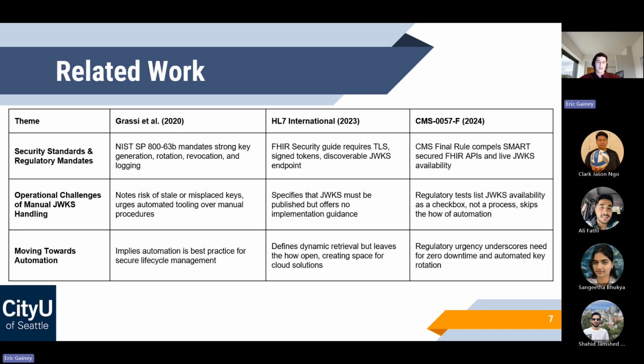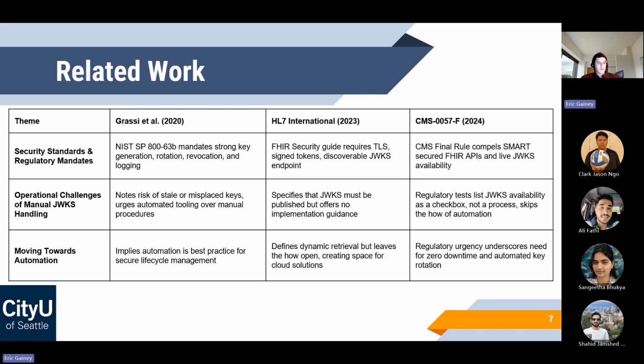So I just related my key references: HL7 International, which is the governing organization for the FHIR design; Grassi et al., which is NIST, National Institute of Standards and Technology, I think it's a paper they published regarding certificates and OAuth 2.0; and CMS Rule 0057F, a mandate that sets requirements on both hospitals and insurance payers and several other healthcare entities, and requires them to adhere to some of the data availability rules using FHIR.